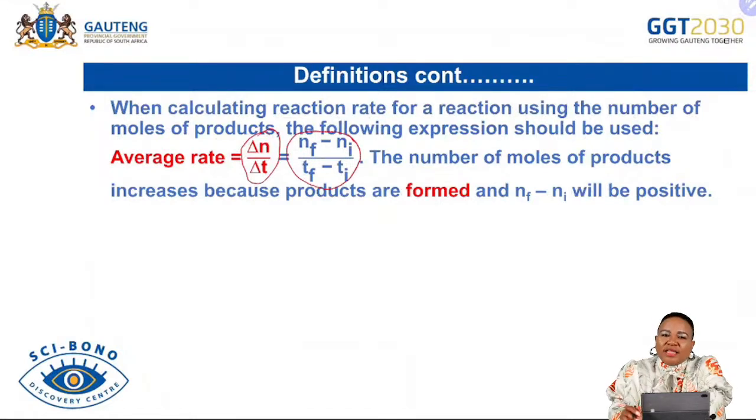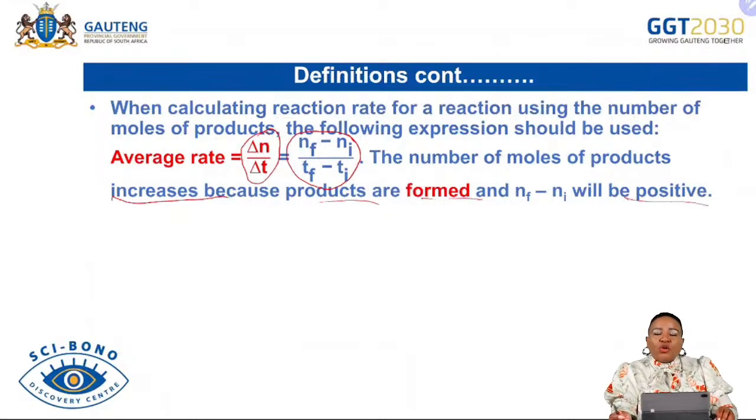And what you must understand also is that the formula of the average rate is not part of your data sheet, and also the formula of the average rate doesn't qualify for any mark, because you can calculate any average rate of any molecule or any substance. Now, the number of moles is increasing as the product is formed, so the value definitely will be positive. So that is the reason why we don't include the negative sign when we are calculating the average rate of the product.